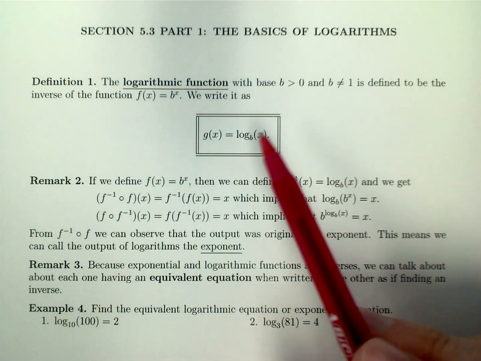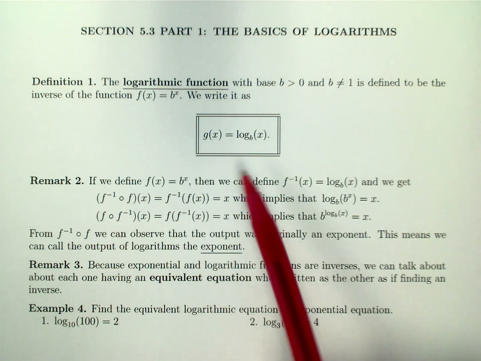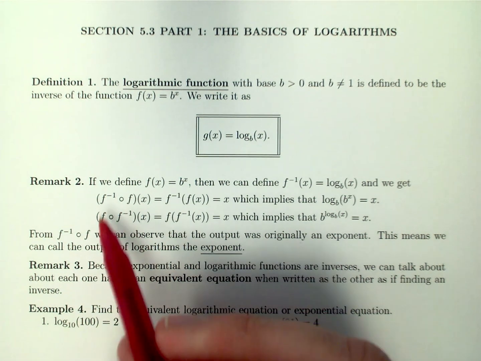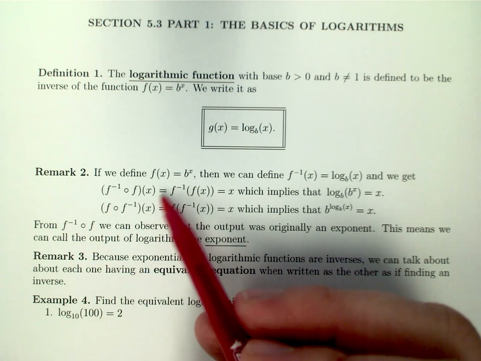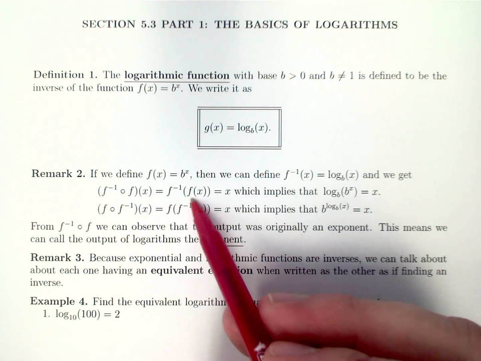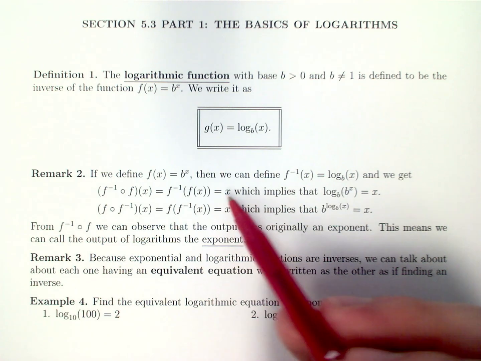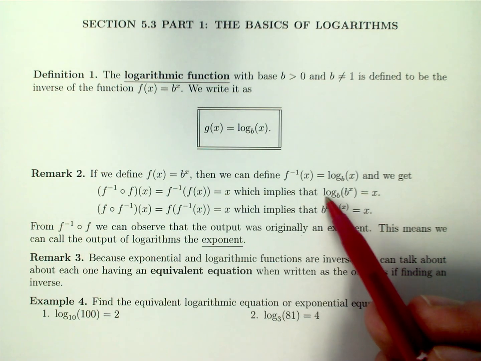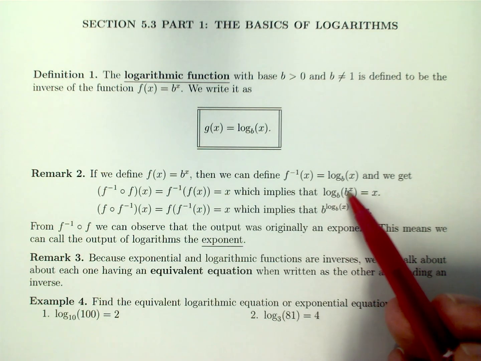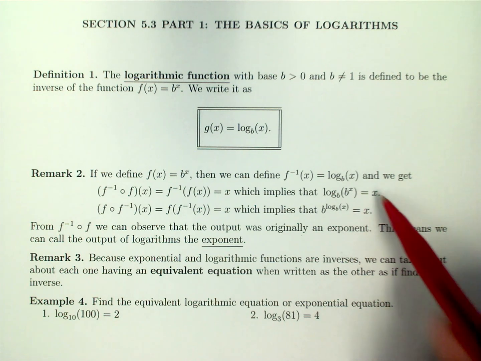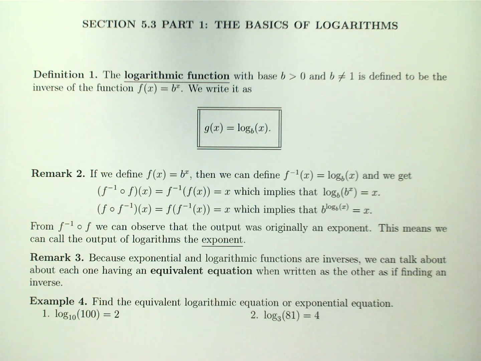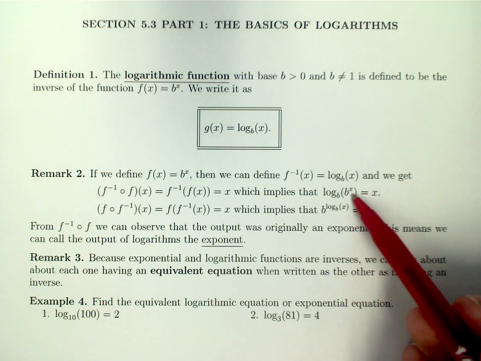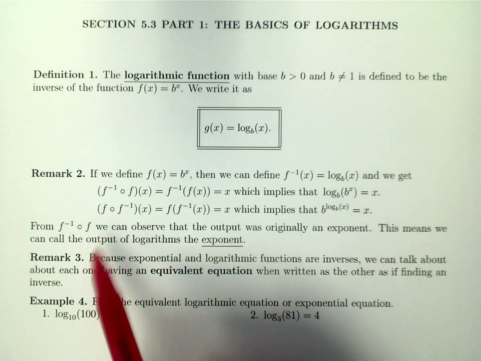This is to say that when we compose them, f inverse of f, remember that's like plugging f of x into this, gives you x. And when you look at it like this, it says when you log an exponential, what you get out is the exponent. Namely, the output of the logarithm is an exponent.